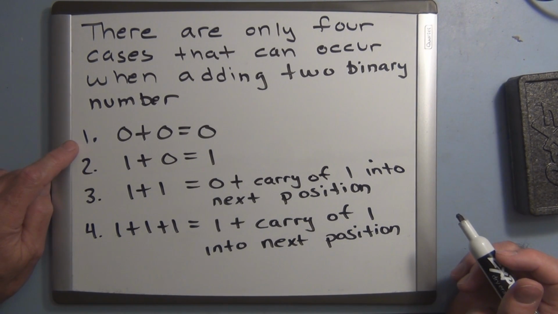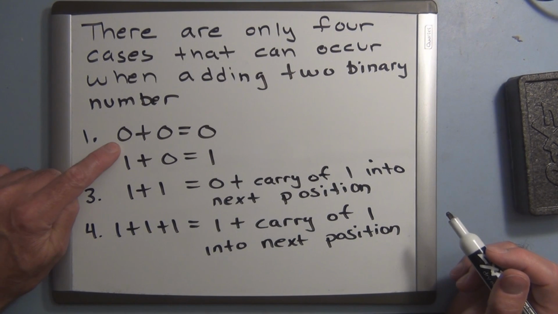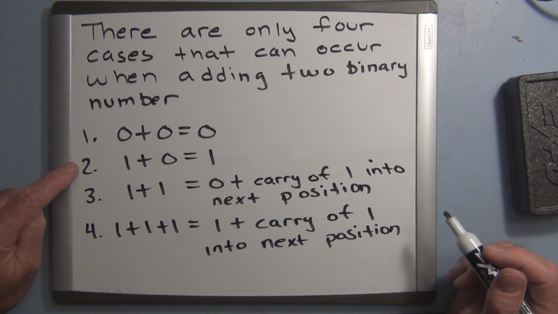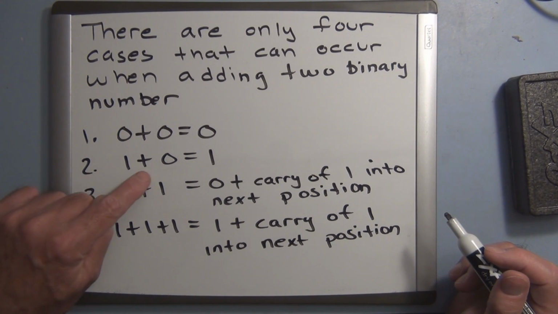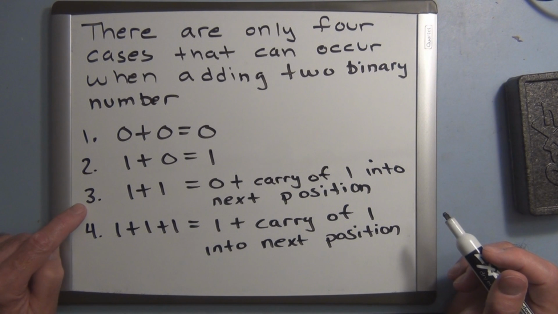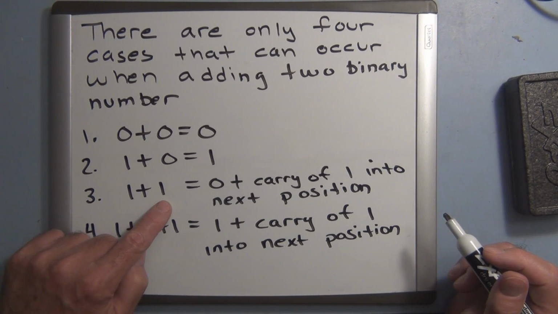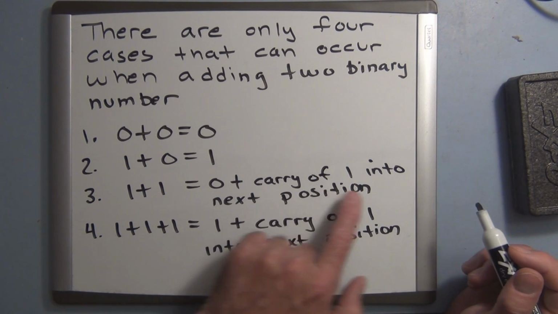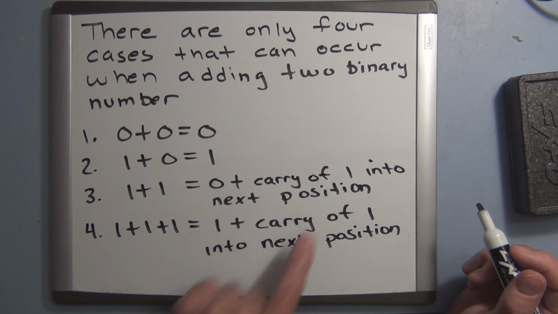There are only 4 cases that can occur when adding two binary numbers at a time. Number 1, a 0 plus a 0 is equal to a 0. Number 2, a 1 plus a 0 is equal to a 1. Number 3, a 1 plus a 1 will equal a 0 plus a carry of 1 into the next position.